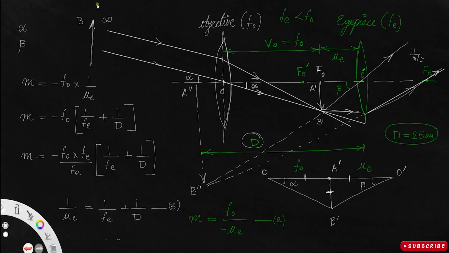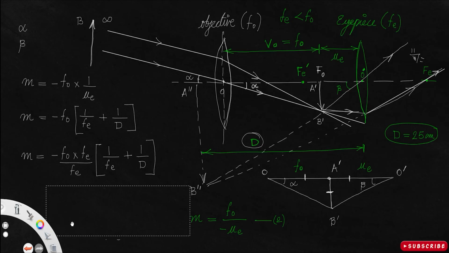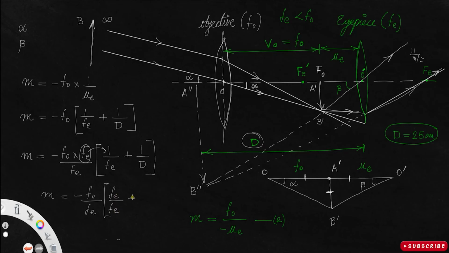Now what I'm doing is, I'm taking this FE into the brackets. So M is equal to minus FO by FE. This FE stays here into, if I take this to this term, it will be FE by FE. I have to distribute, so I have to multiply FE with this one also. So FE by D.